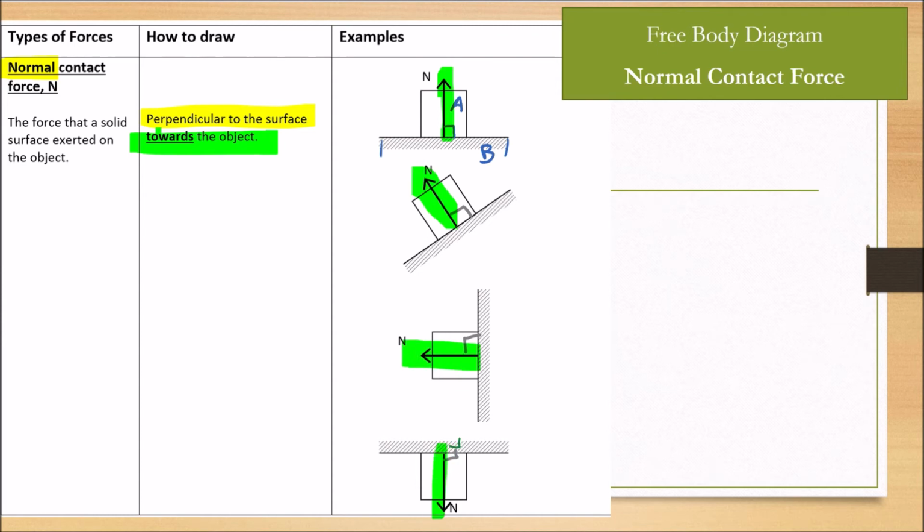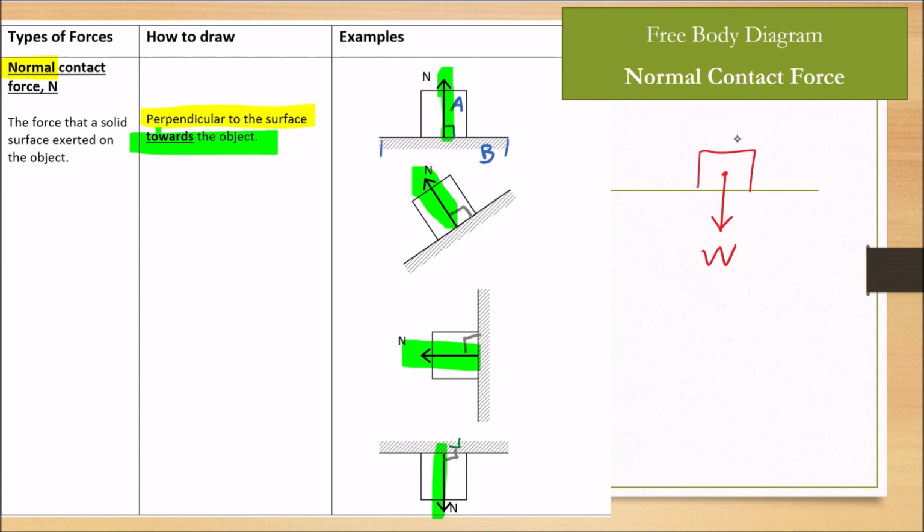Some students will ask, where do you actually draw it? Well, you draw it near to the center, but maybe not to overlap with gravitational force. So leave a little gap, right? Maybe I can just show you. So if let's say you have a box here, and if you are drawing the gravitational force this way, then to draw your normal contact force, just leave a little gap like that.